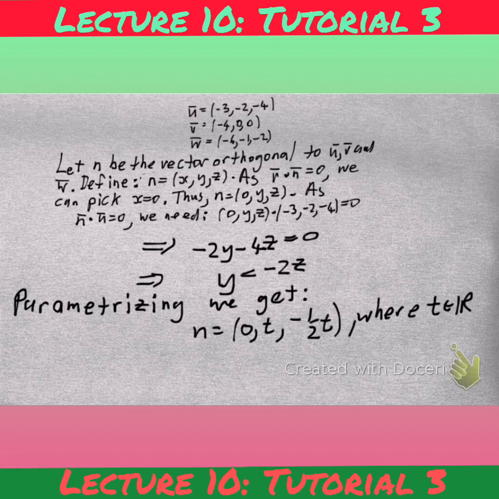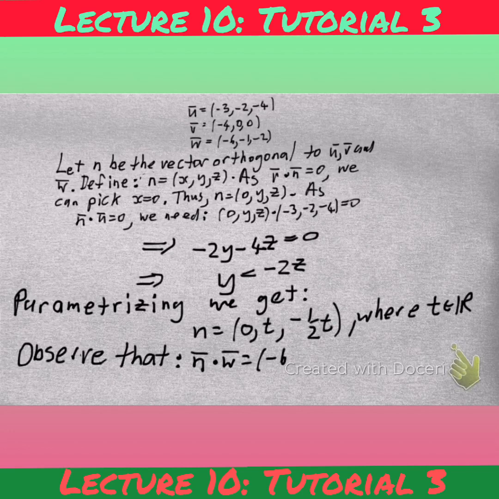So completing, you can take the dot product of n with w, which is -6, -1, -2, and let's just see if this vector is in fact orthogonal to the vector n.